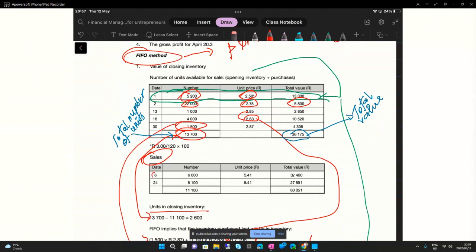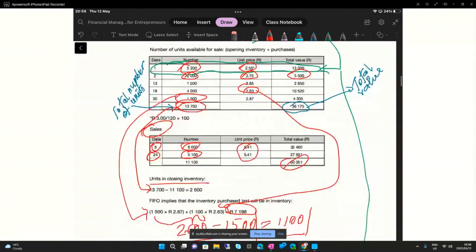And the sales, as you can see on the 8th and the 24th, are that 6,000 and that 5,100 at the same unit price, right? And we have the total. The total revenue will be the same whether it's a periodic inventory system or a perpetual inventory system. You will get the same revenue. What is different is the cost.